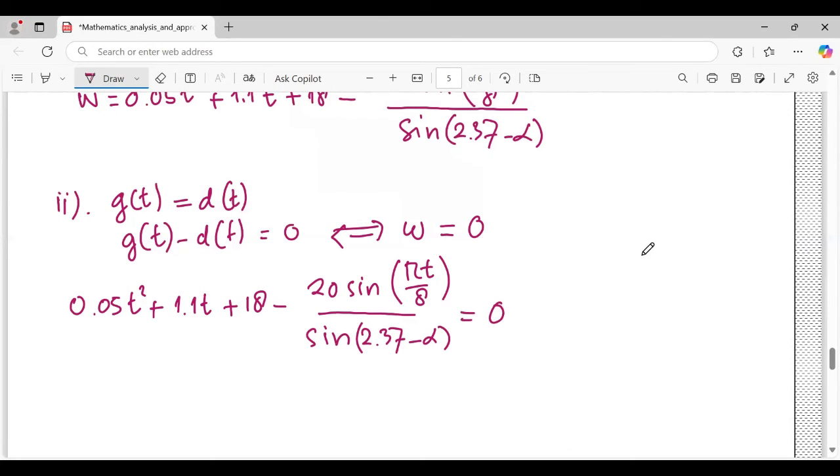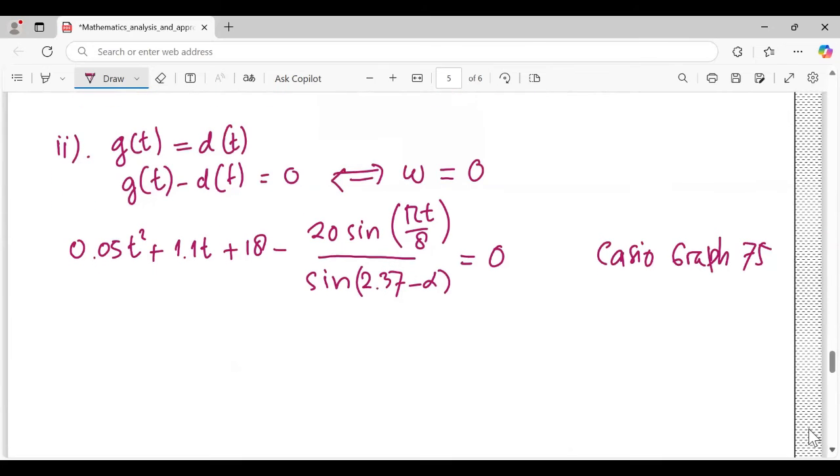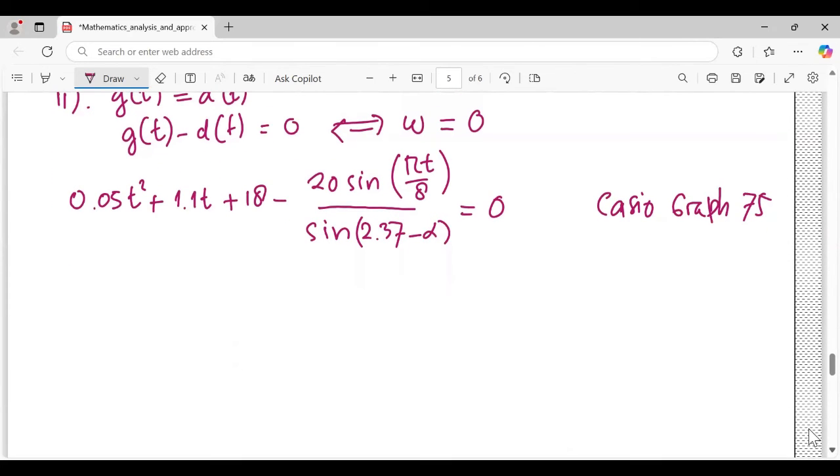On my Casio graph 75 calculator, I have sketched the graph. Change to functions and then sketch the graph of w equals 0.05 t squared and so on.